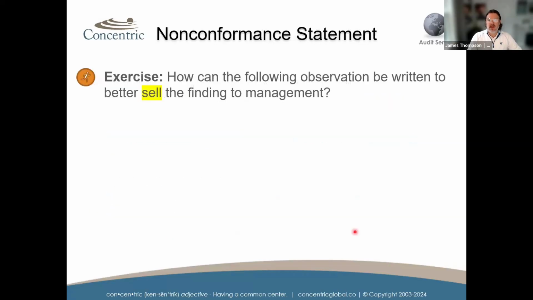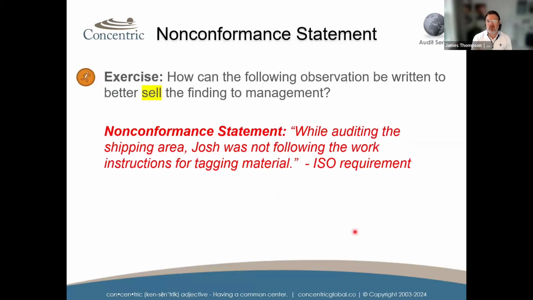So here is another exercise. How can the following observation be written to better sell the finding to management? So here's an example. While auditing the shipping area, Josh was not following the work instructions for tagging material, ISO requirement.